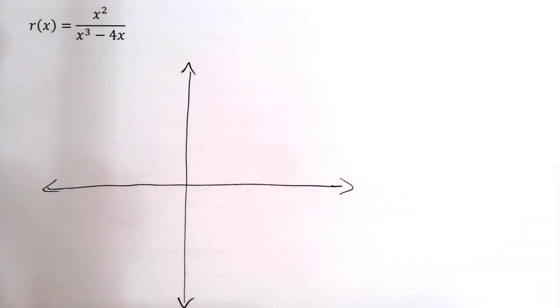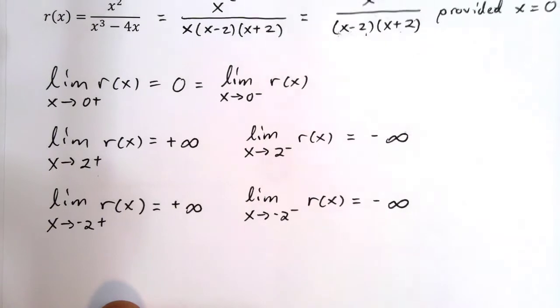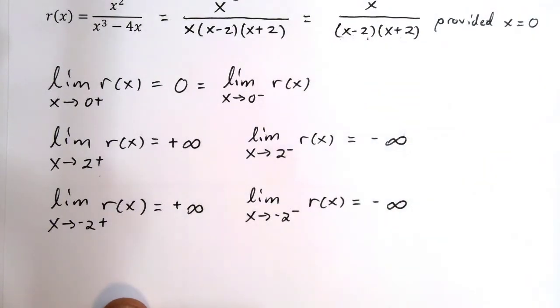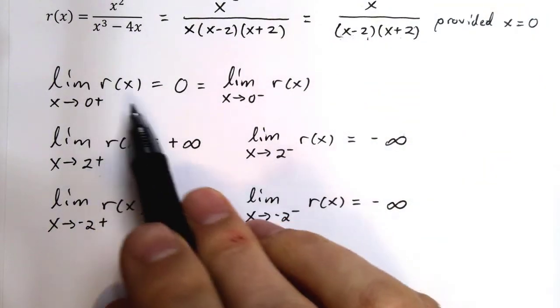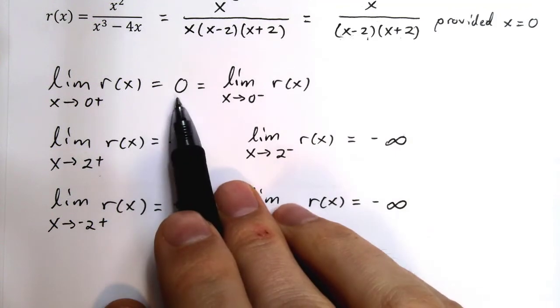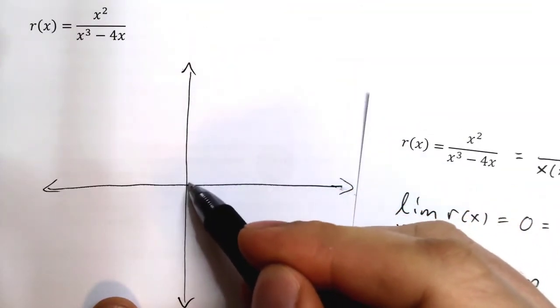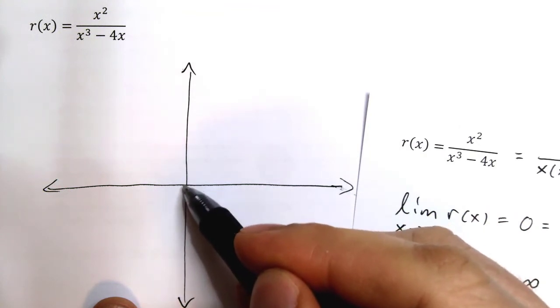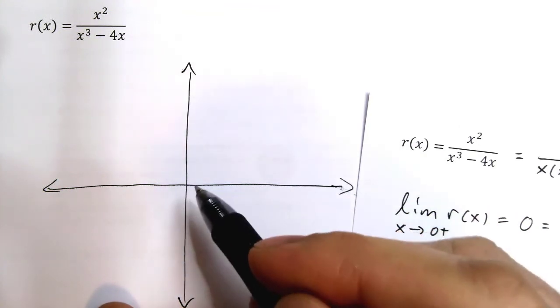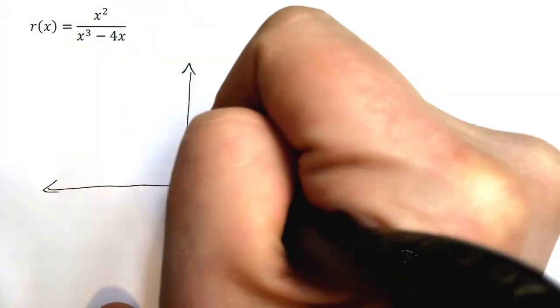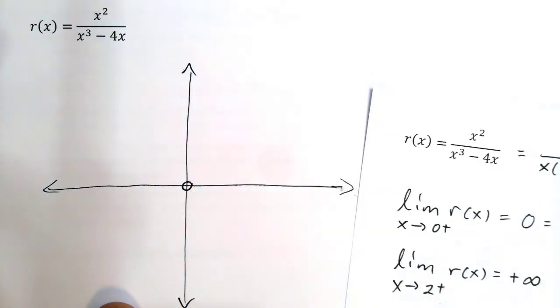And we also had some information about some limiting behavior here. When x approaches 0 from the right or the left, we know the function is approaching 0. So we know it's tending towards the point 0, 0. But it doesn't actually get there. It's not actually defined there. So we're actually going to have a hole in the graph right there.